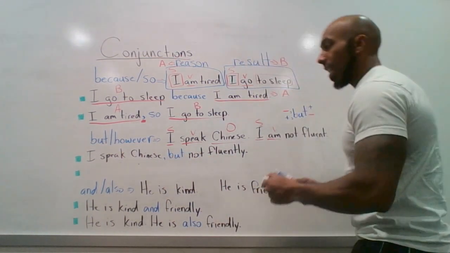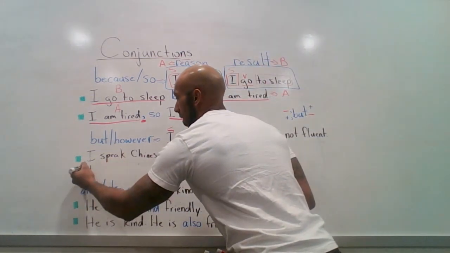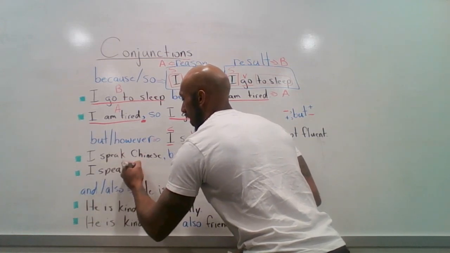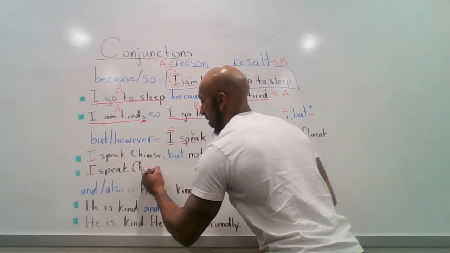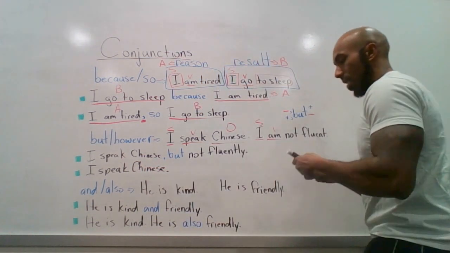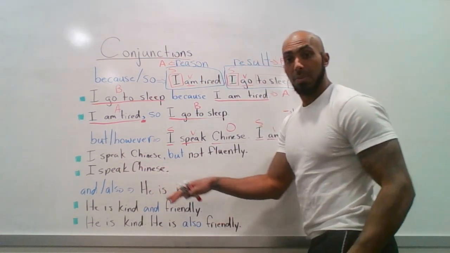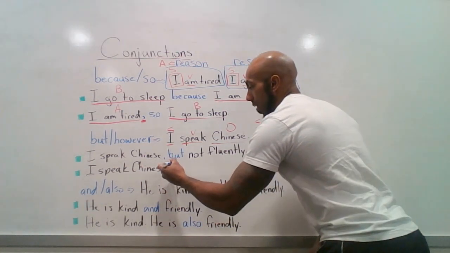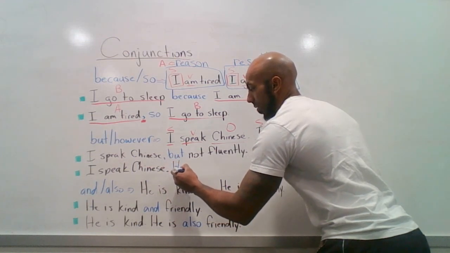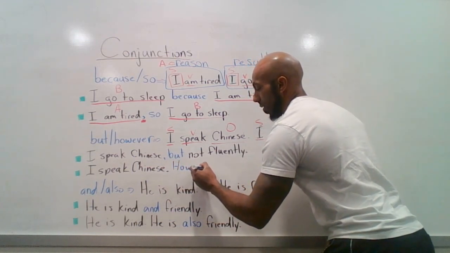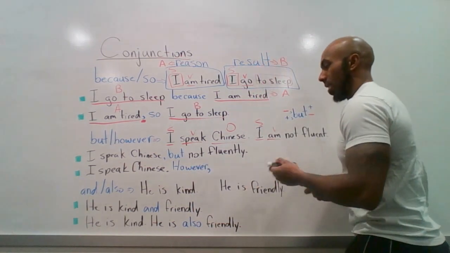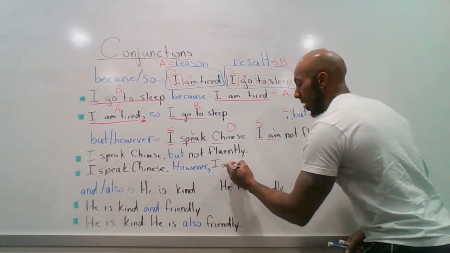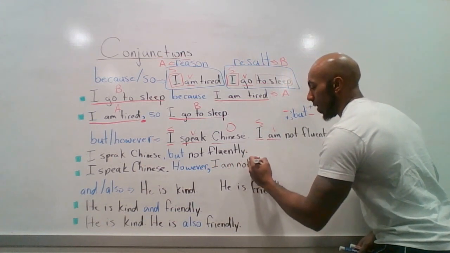I can say, I speak Chinese. Period. Now, this is one sentence. My next sentence, I will start with however. So, however, comma, I am not fluent.